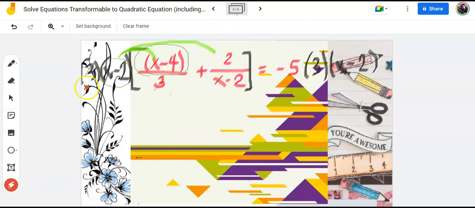So, mao ni ang product sa first part of the distribution. No? So, we now write x squared negative 6x positive 8. Alright? So, in-multiply nimo ning LCD times the first factorial term, mao ni siya ang answer.